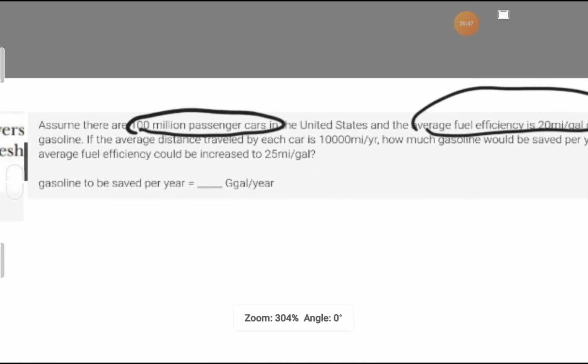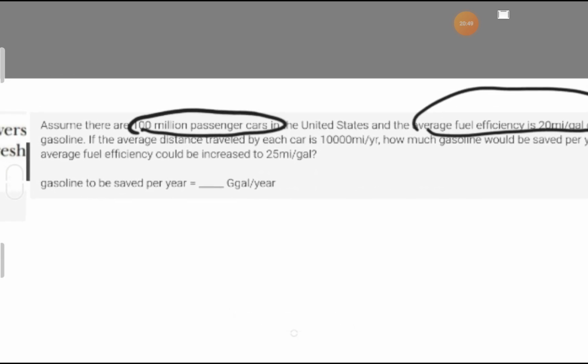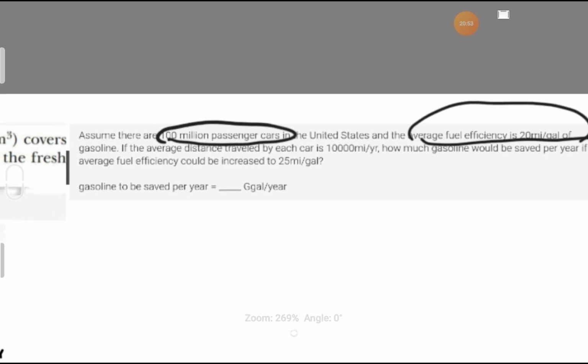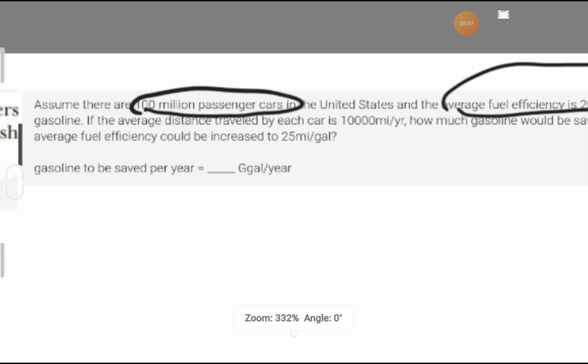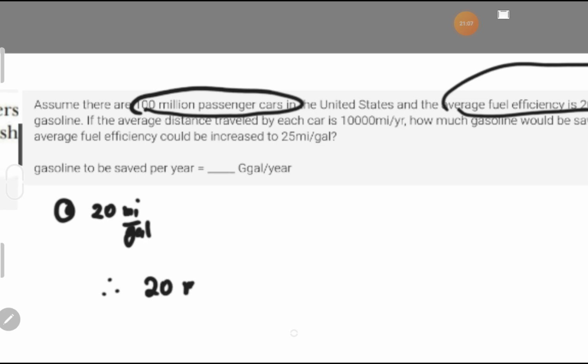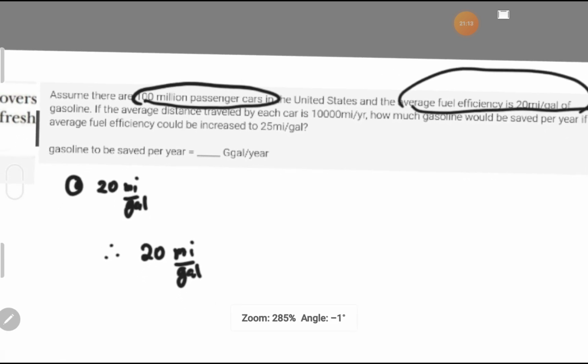So ang gawin natin is that, we know that there are 100 million cars in the United States. And then meron tayong 20 miles per gallon of gasoline.